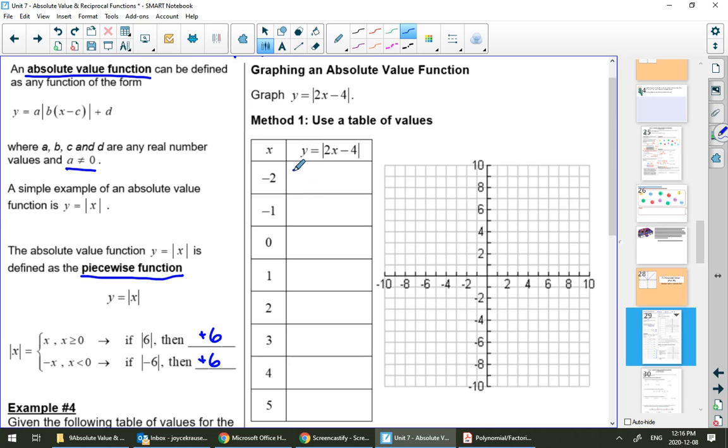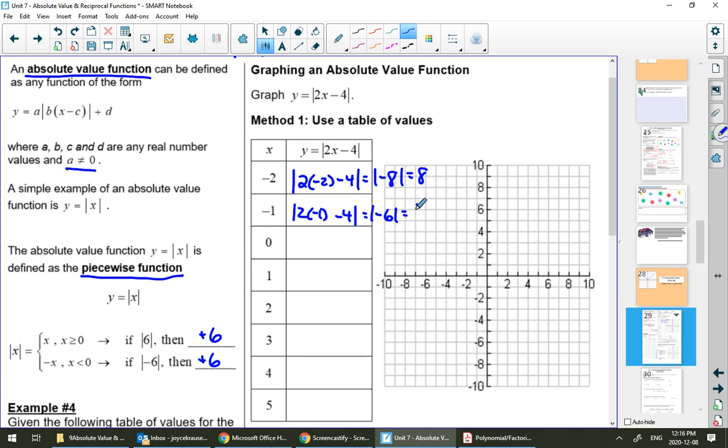Showing our work here, I would have 2 times -2 minus 4, and when that's all absolute valued, we're going to have a positive value. So 2 times -2 is -4, minus 4 is -8, and the absolute value of -8 is +8. Then for -1, we have 2 times -1 is -2 minus 4 becomes -6.